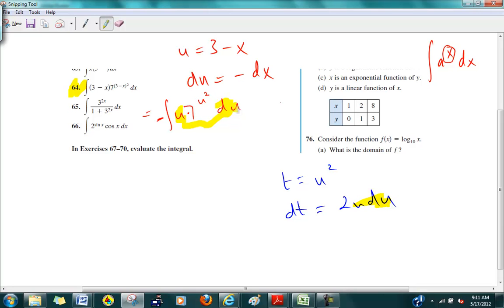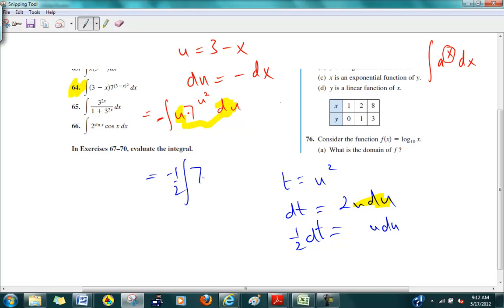See there? So you're going to sub this now. So you're going to go negative, and in place of u du, what are you going to write down? 1/2, because if you isolate u du here, you get 1/2 dt. So I'll take the half outside.